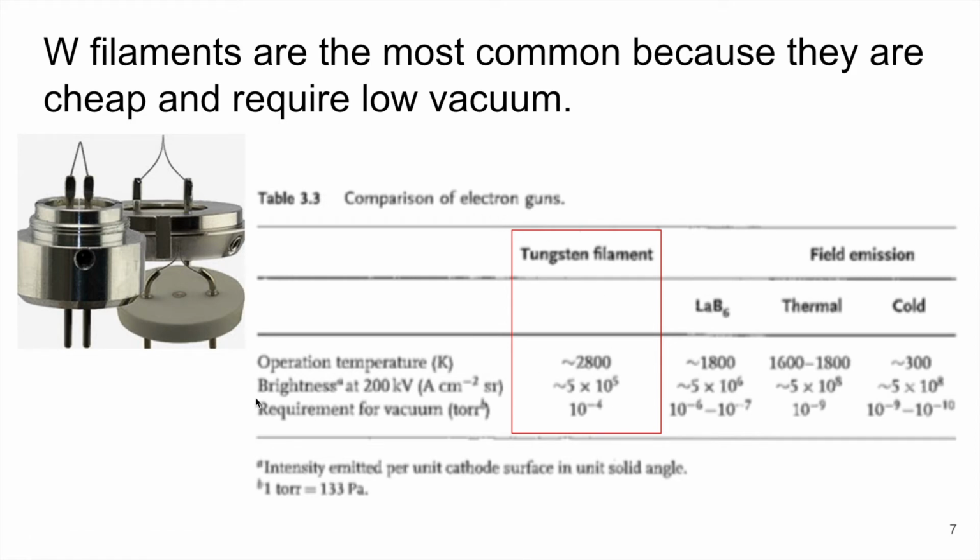And so this brightness term gives you an idea of the beta term in our probe diameter equation. These are all approximate brightnesses, at a specific accelerating voltage, and so those would obviously change if the accelerating voltage were different.